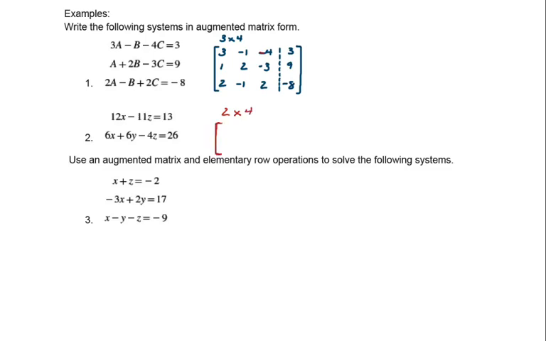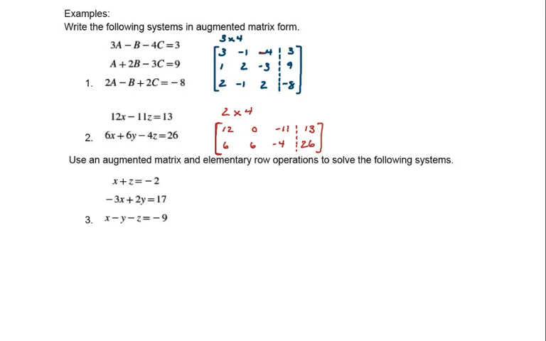The first row will be 12, and then again, I want to have a placeholder for my y variable because my second equation has a y variable. So it'll be 12, 0, negative 11, and 13. And then my second row should be 6, 6, negative 4, 26. So that is an augmented matrix for that system of equations for number 2.